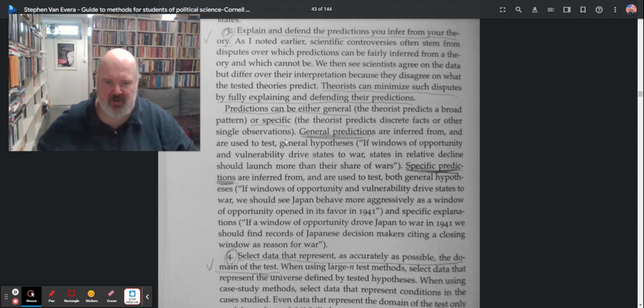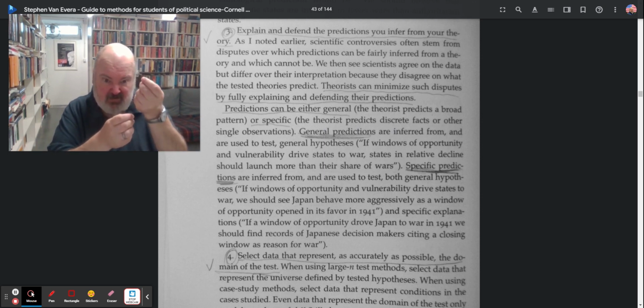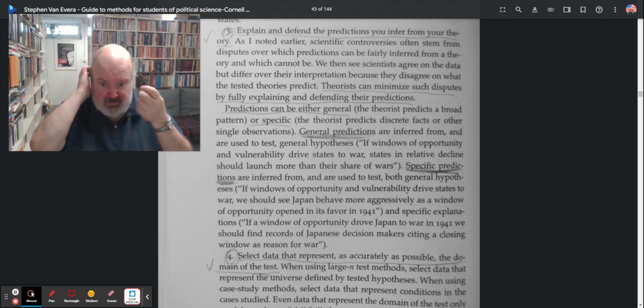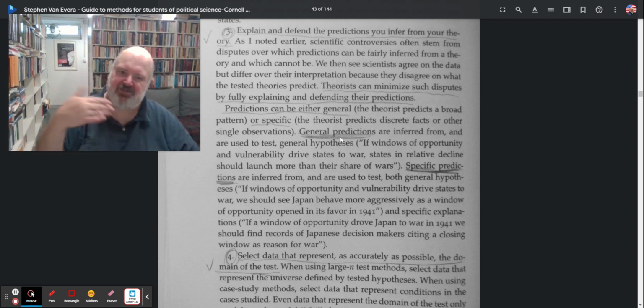Specific and discrete means a single specific fact or single observation. General predictions are inferred from and are used to test general hypotheses. So the general hypothesis, general prediction.